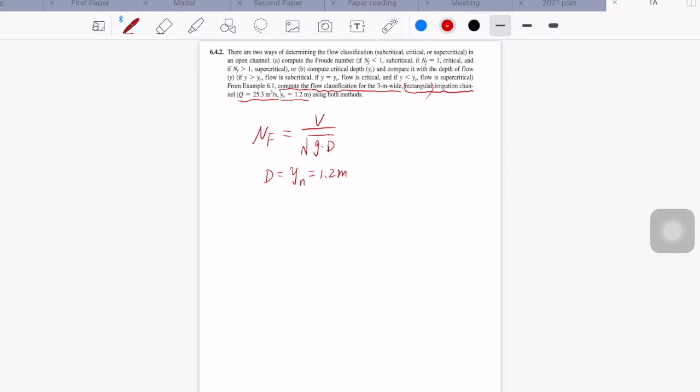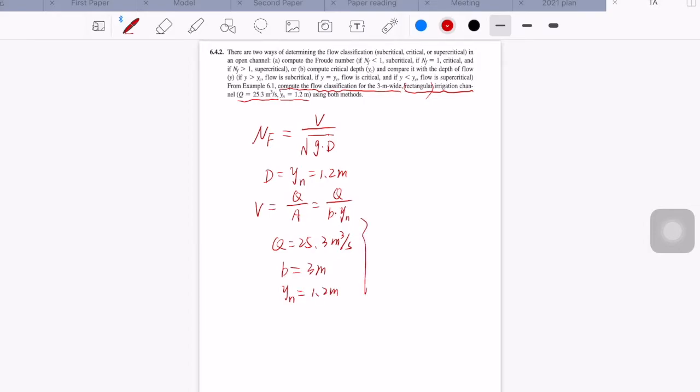And we know the velocity V equals Q over A, so equals Q divided by B times YN, since this is a rectangular channel. And we know the Q equals 25.3 cubic meters per second, and the B equals 3 meters, and YN equals 1.2 meters.